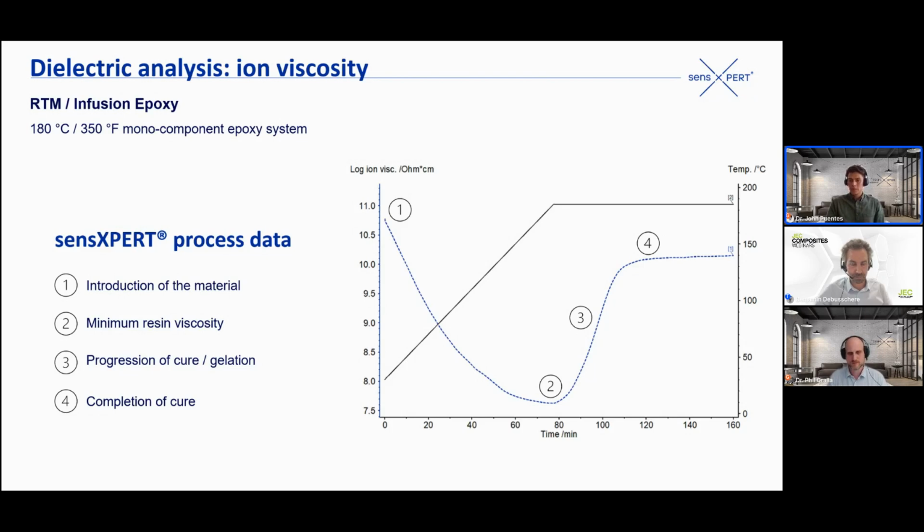For infusions, this is really important. We want to know this time to make sure that our part reaches the end of our mold. For prepreg, not so relevant. Then by point 3, we are reaching the gelation level, but we no longer stop there. We can actually continue, whereas a rheometer would stop there.